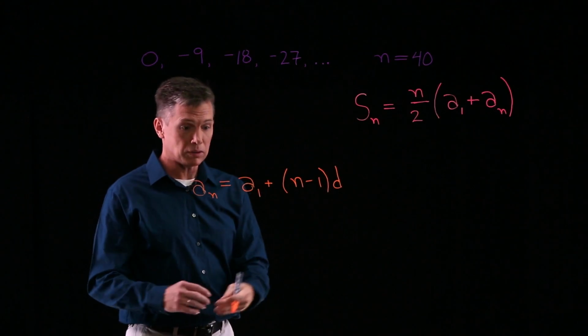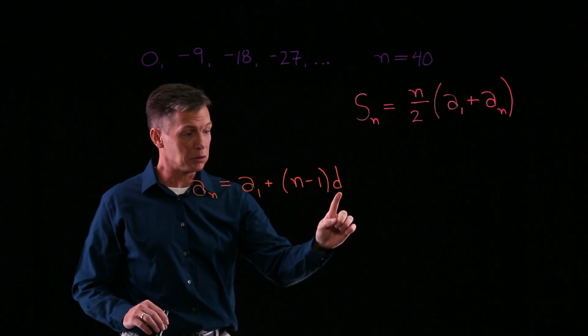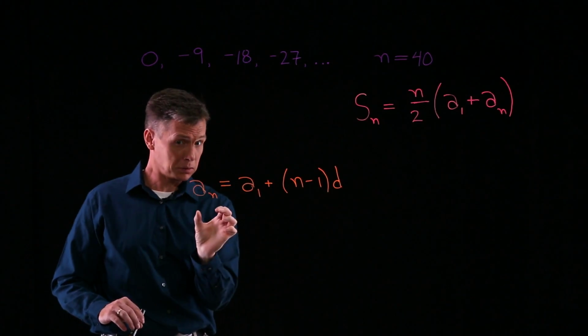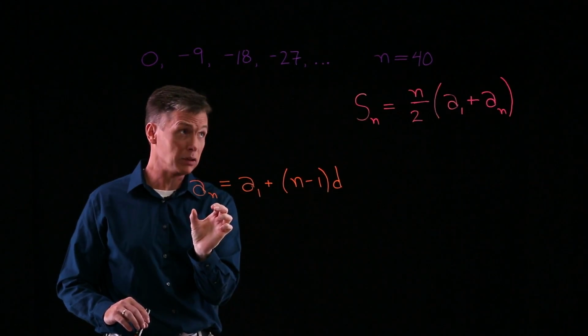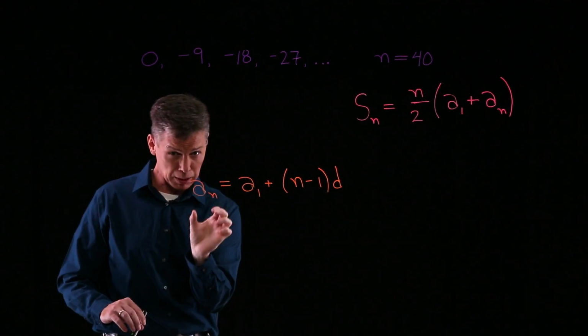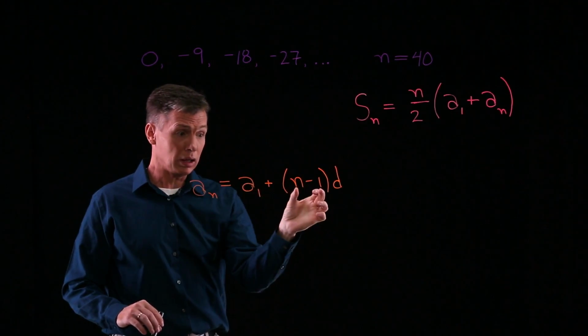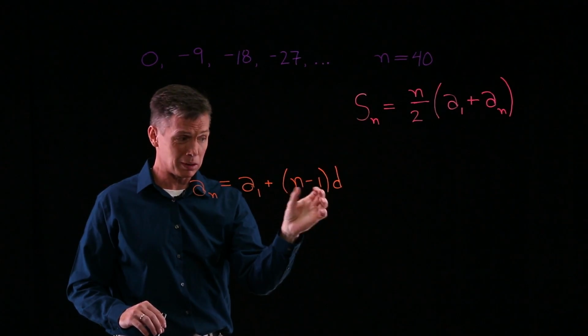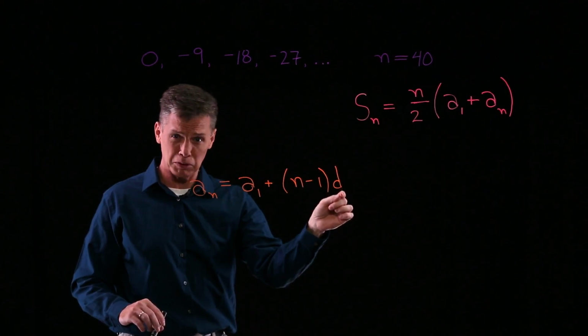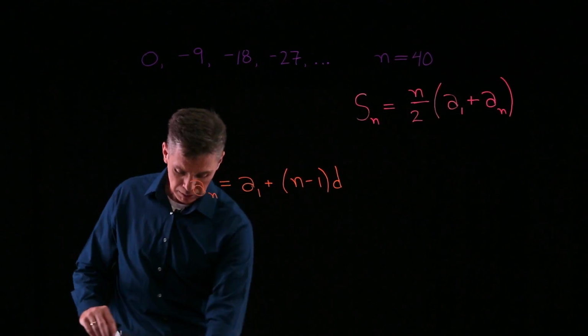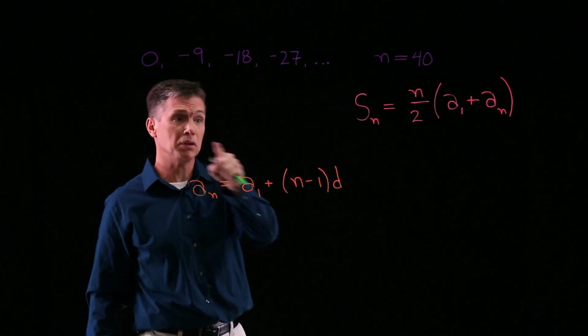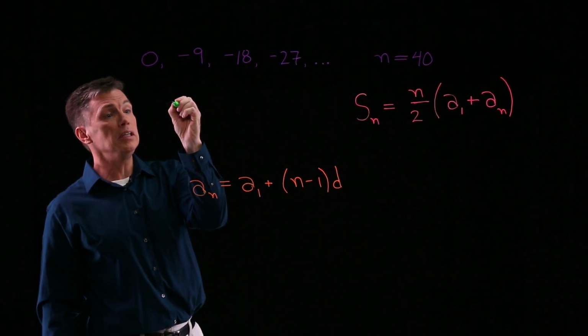All right, well now that tells me that I do need a value for d, because the a sub n is going to be that a sub 40, so I know what I'm going to put there. A sub 1, I know, that's the 0. N is 40, so I know what goes there. This d now is a missing piece of the puzzle. Let's find that.